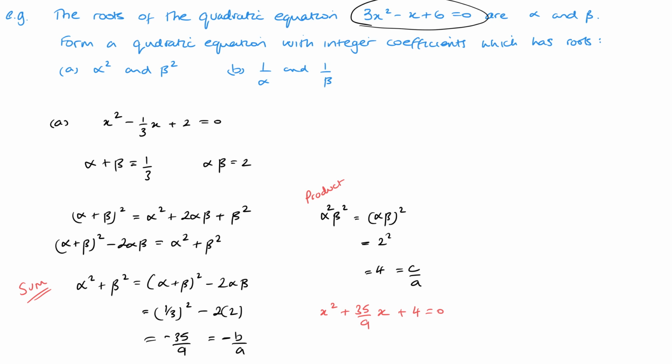Then I need it to have integer coefficients, so I multiply by 9, and this gives me 9x squared plus 35x plus 36 equals 0. And there we are, complete. Nice and easy.